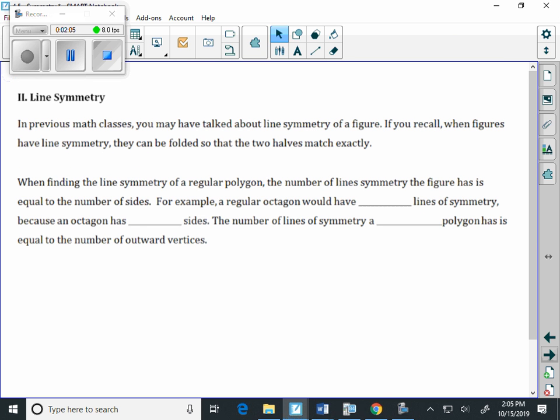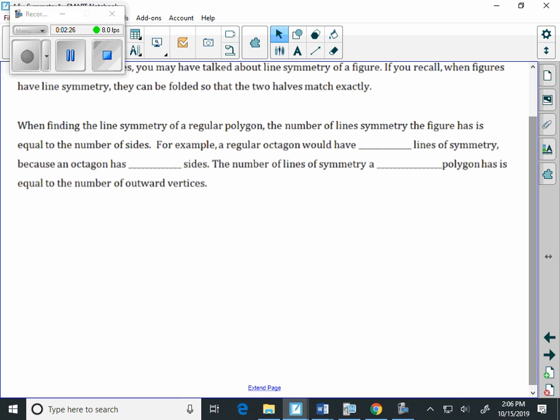Again, symmetry, you've probably seen it in previous math classes. If you recall, when figures have line symmetry, what happens is we can fold the figure in half, and one half will land directly on the other half. The two halves match exactly.